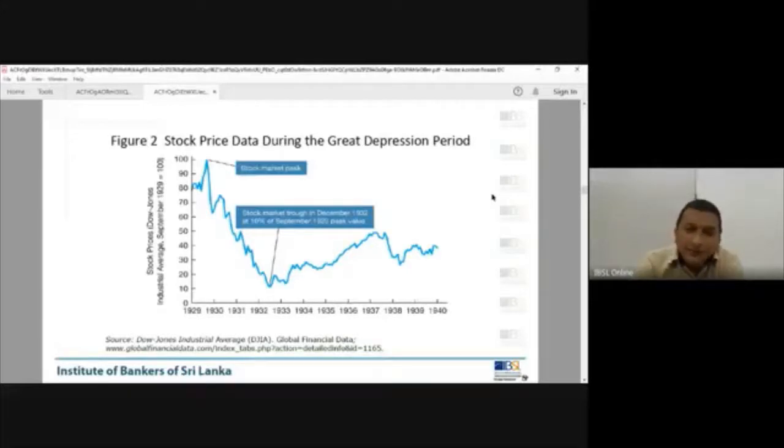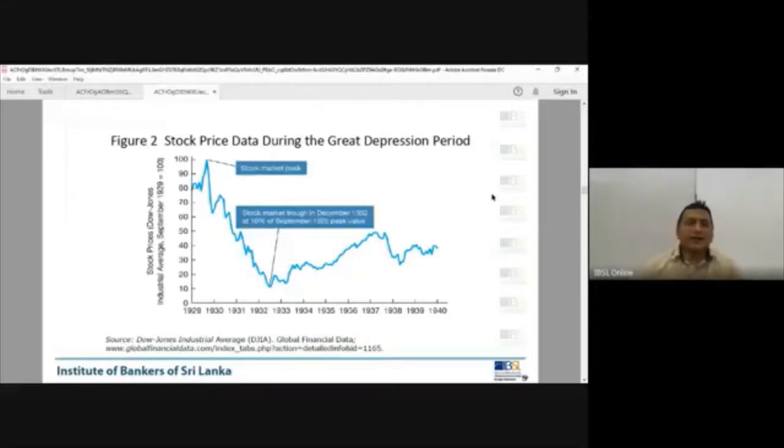And then you see it has some recovery from 1933 onwards, but unfortunately it could not climb back to half of what you have seen in 1929. So not even touching 50, even up to 1940, that's where the Second World War started. And then you see another prolonged economic recession where markets could not really come out from any possibilities during that period.